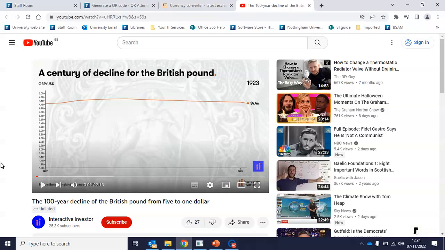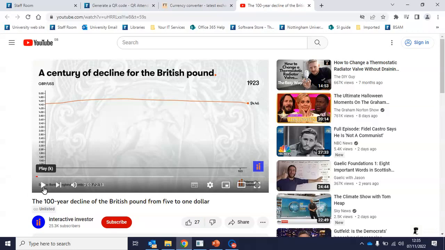At the beginning, starting in 1992, £1 was equal to $4.46 at that time. What is the value today? Around 1.11 or 1.07 or something like this.